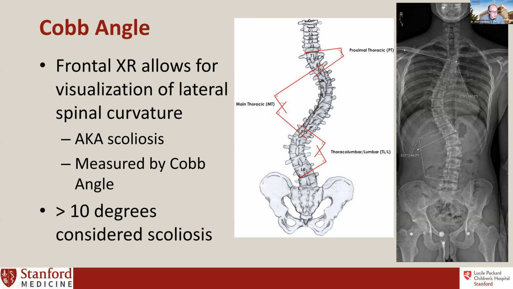In a lot of the world, at least in radiology and in most orthopedic worlds, we consider greater than 10 degrees to be the quote unquote diagnosis of scoliosis. It doesn't mean that if they have less than 10 degrees, there's no curvature, but we will sometimes use different terminology if it's less than 10 degrees. Oftentimes I'll say the patient has dextro curvature instead of dextroscoliosis. And then the orthopedic surgeon will decide how to proceed from there.